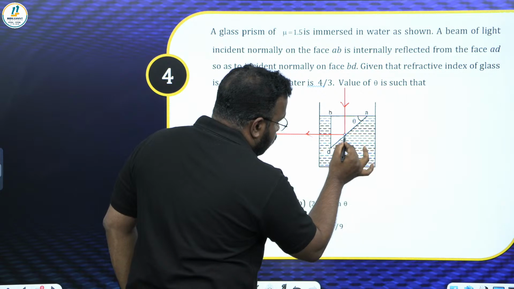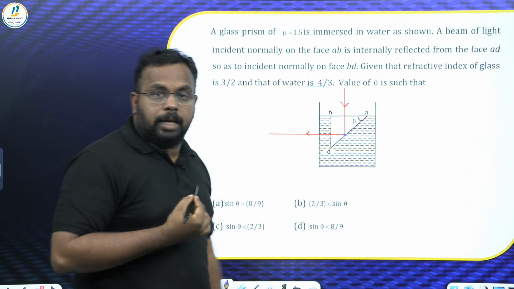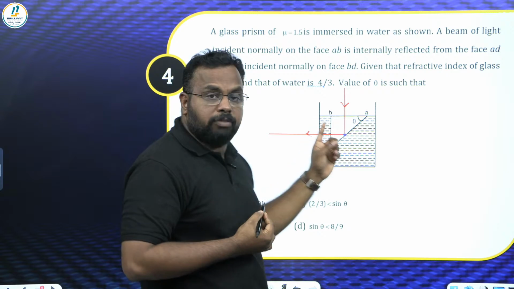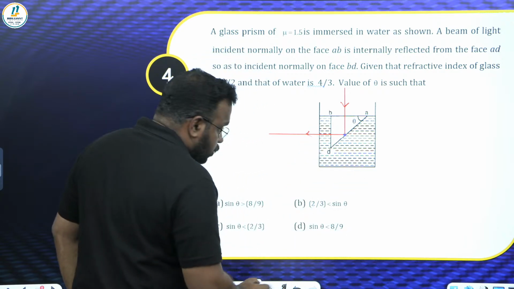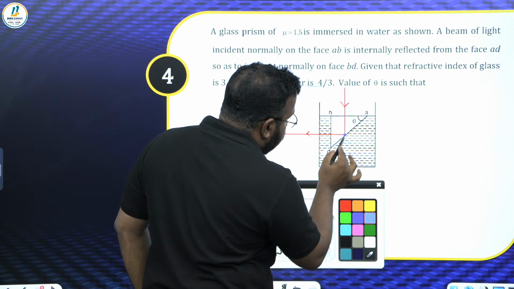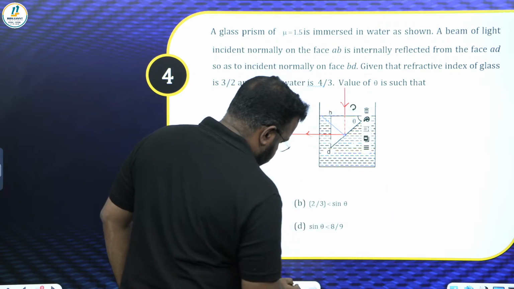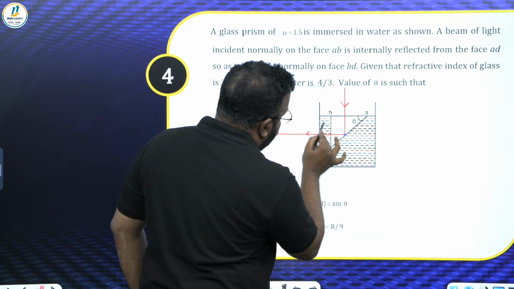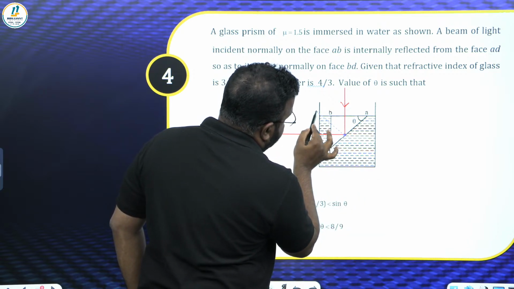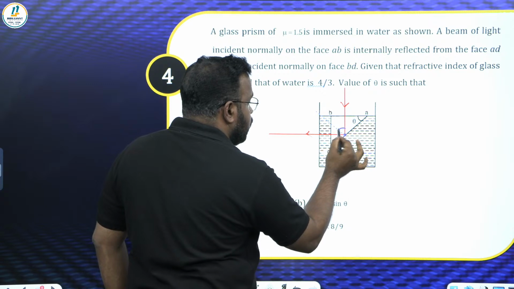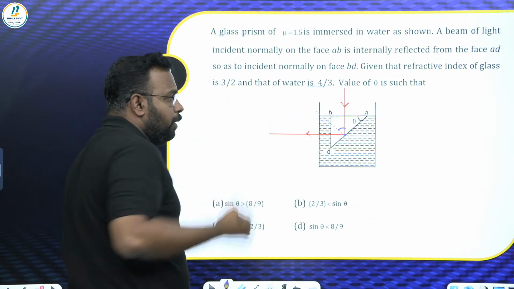Look students, the ray is falling here. That is the point of incidence. To mark the angle of incidence, we have to draw a normal at that point. I can draw it like this. So this is a normal. Then which angle is the angle of incidence? This is the angle between the incident ray and the normal.